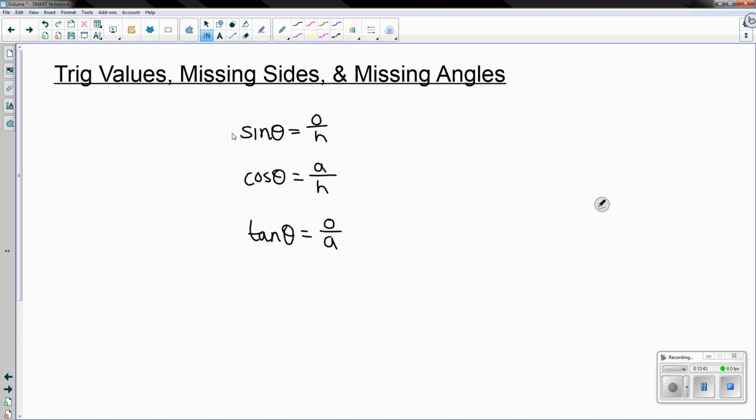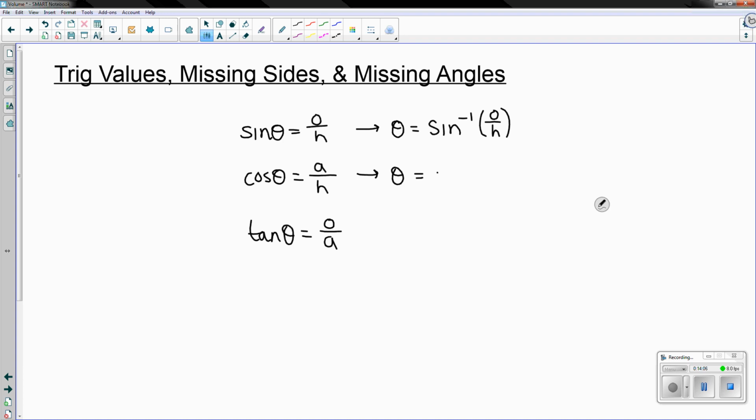But to isolate theta, we're going to incorporate inverse trig. So we take up top the inverse sine of both sides. On the left, if I take the inverse sine of sine theta, it cancels, and I get theta. But I also must take the inverse sine of the other side. So to find the angle, I do inverse sine of the ratio opposite over hypotenuse.